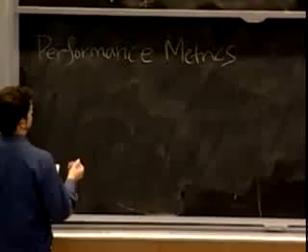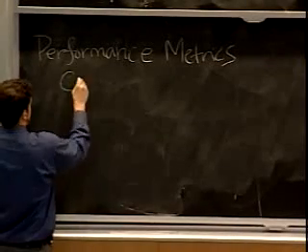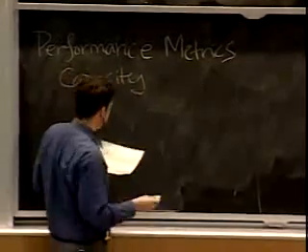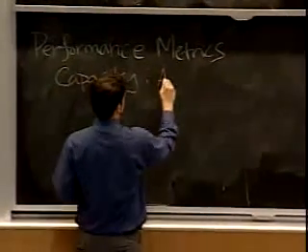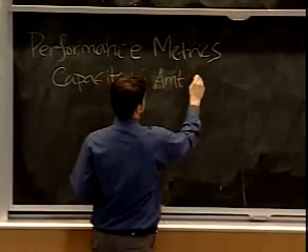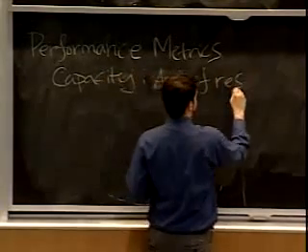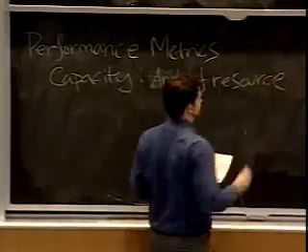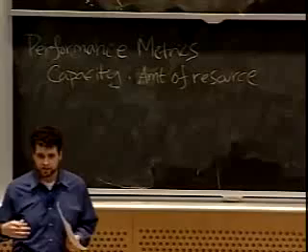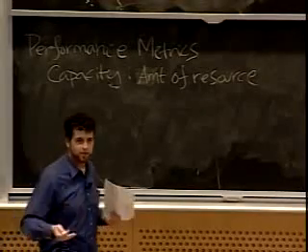So the first metric we might be interested in is the capacity of a system. Capacity is simply some measure of the amount of resource in a system. This sounds kind of abstract, but what we mean by a resource is some sort of thing that we can compute with. It's a disk or a CPU or a network.